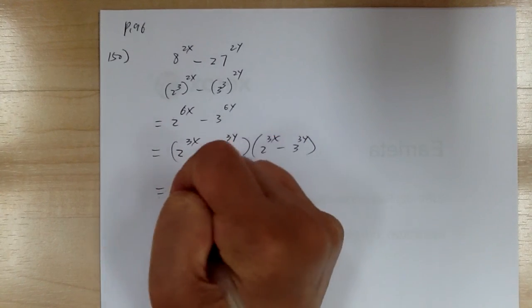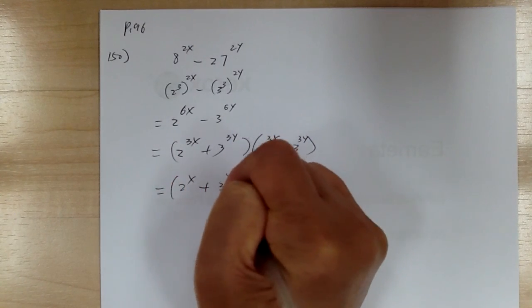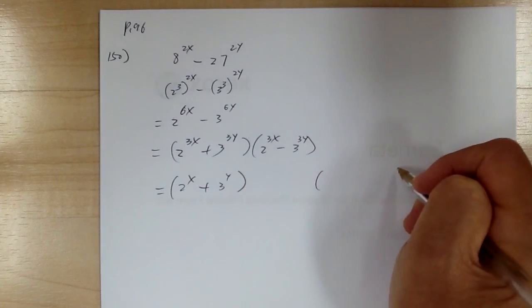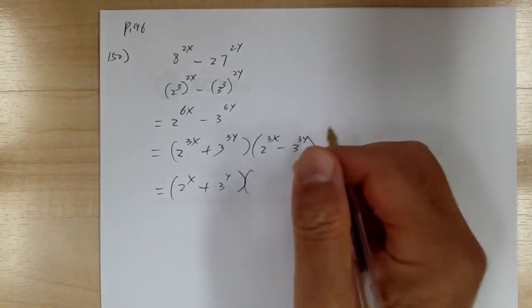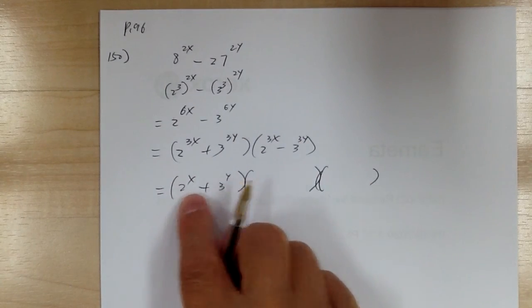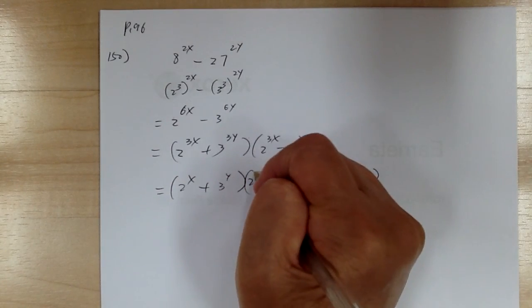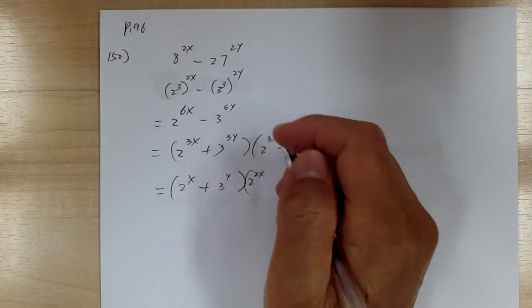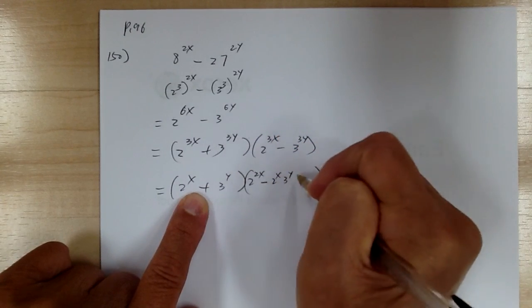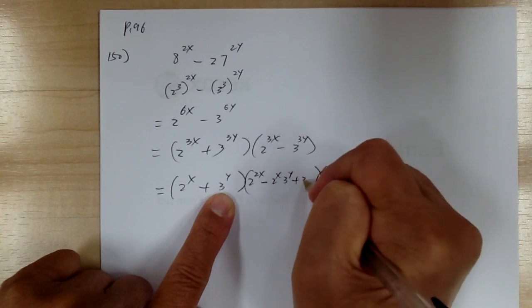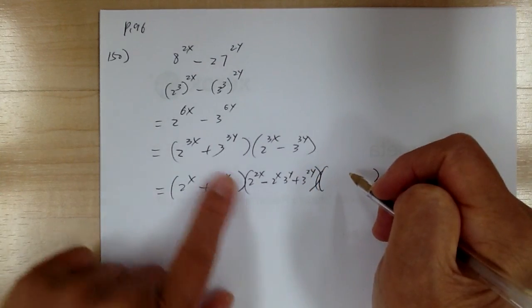So this will give you 2 to the x plus 3 to the y. And you just square this one, so it'd be 2 to the 2x. The middle term is opposite of that, so it'd be minus 2 to the x, 3 to the y. And you square that, so it'd be plus 3 to the 2y. That's for this one here.